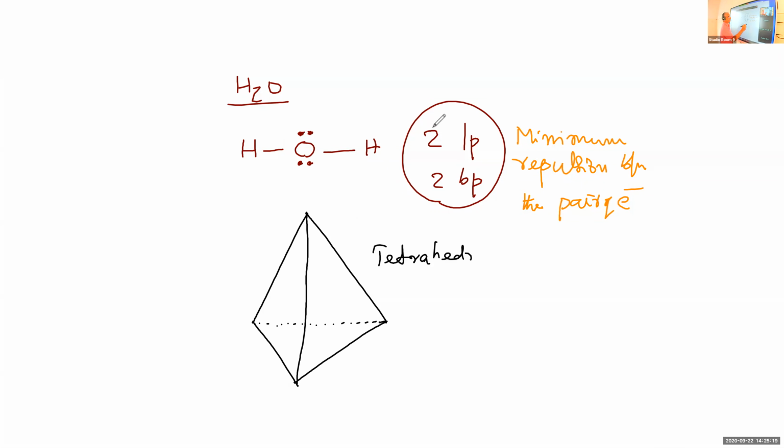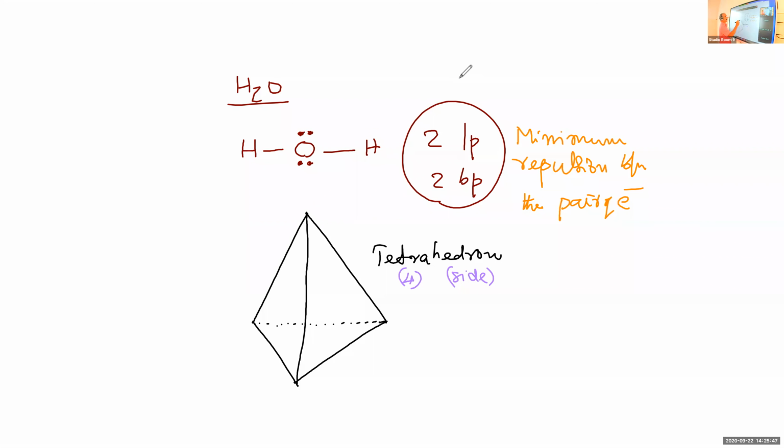Tetra means 4. Hedra means side. So there are 4 sides. A three-dimensional figure with 4 sides.